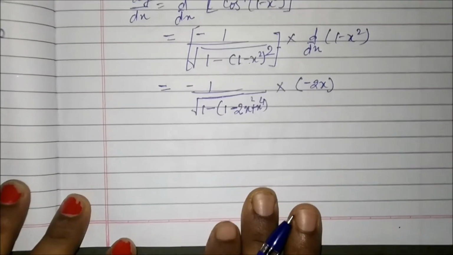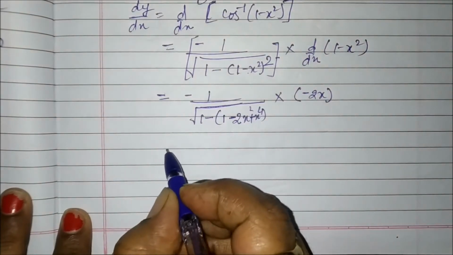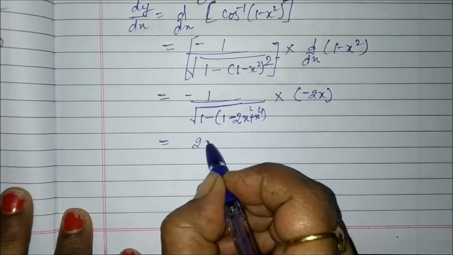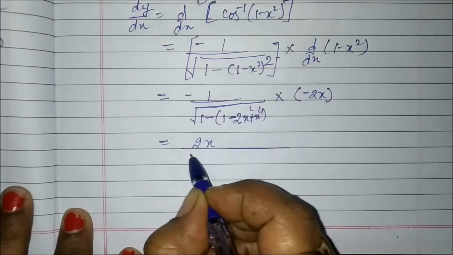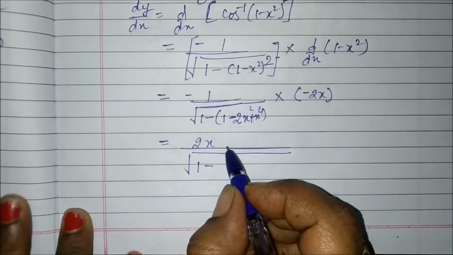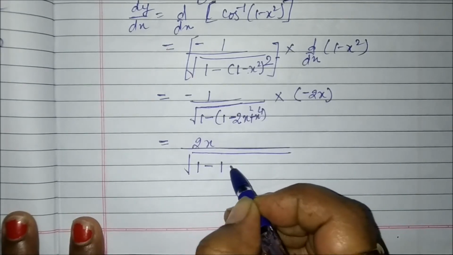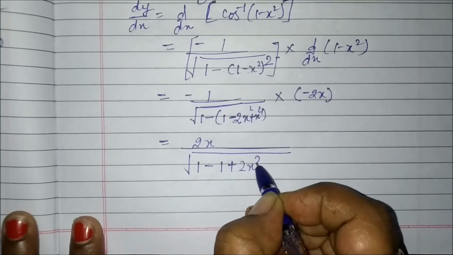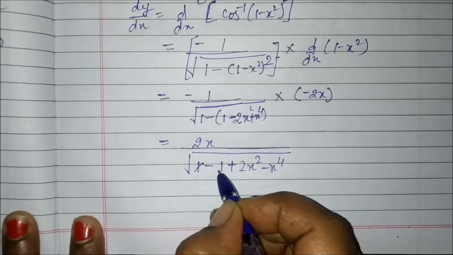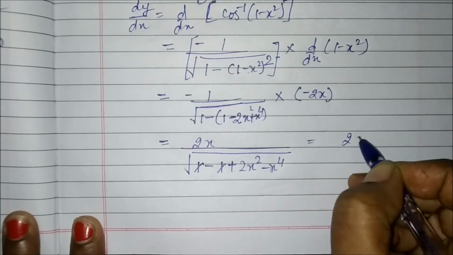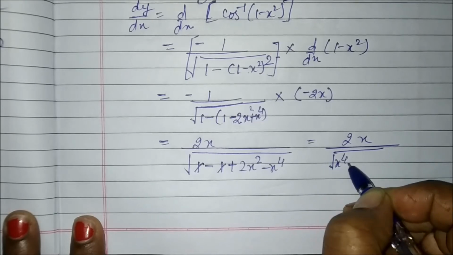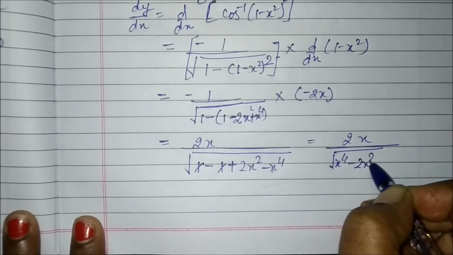Now minus and minus become plus, we get 2x upon under root 1 minus, now opening the bracket we get minus 1 plus 2x square minus x raised to 4. This 1 and minus 1 will be cancelled out and we get 2x upon under root x raised to 4 minus 2x square.